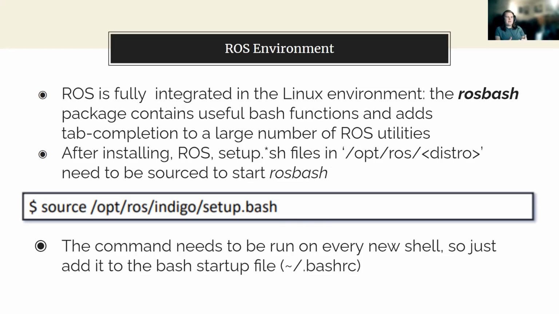You have to do that every time you use ROS in the command line. There's an easier way to do it: you can add it to the setup file for your shell. But just remember that if ROS is telling you packages don't exist or certain things, that might be the problem.